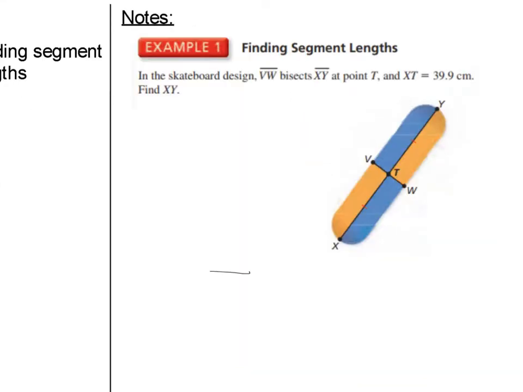Okay, so this says in this skateboard design, we have a segment VW, and that's a segment bisector because it bisects XY at the midpoint T. So T is a midpoint, also considered to be a segment bisector, and VW is a segment bisector as well. And XT is 39.9.